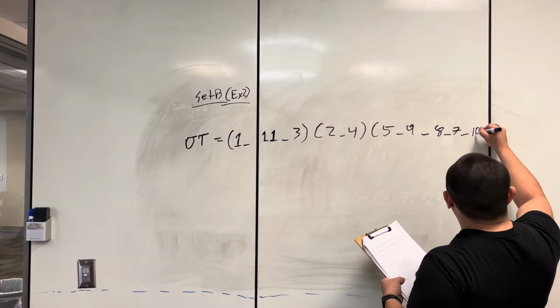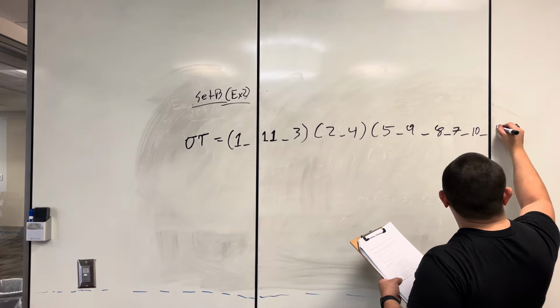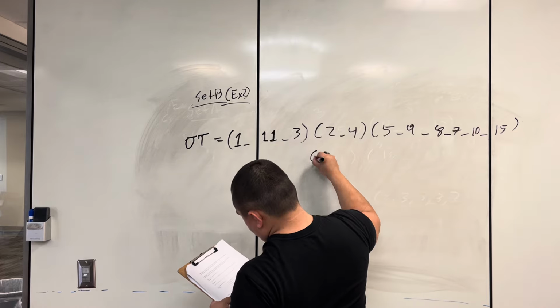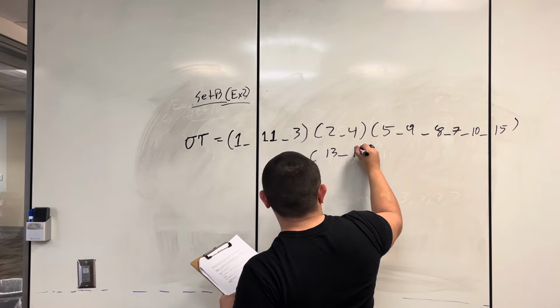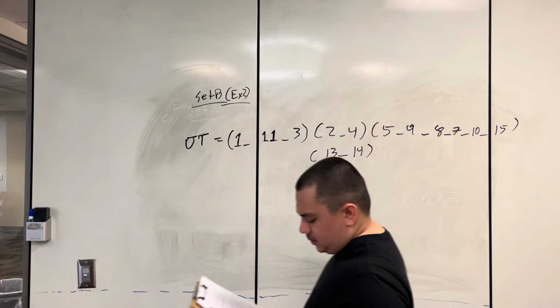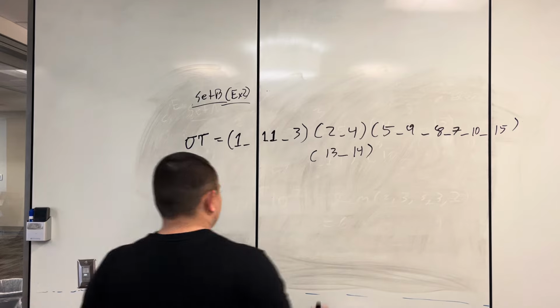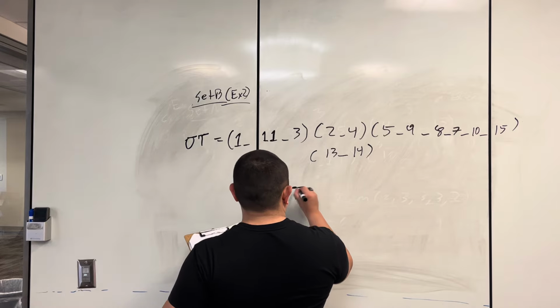But (10 15)(13 14). So, what does this get us for the order of sigma tau?